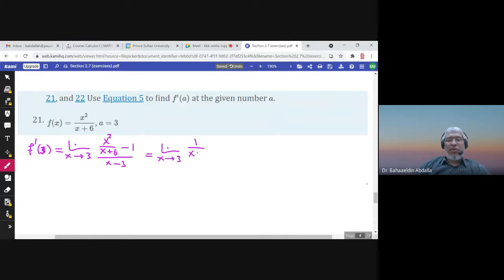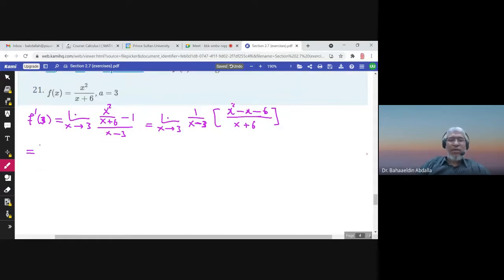As I always do, I'll take 1 over x minus 3 outside. And now I'll add these two fractions. So I'll have x plus 6 here, x squared times 1 minus 1 times x plus 6. So it's minus 1 times x, negative x, and minus 1 times 6 is negative 6.